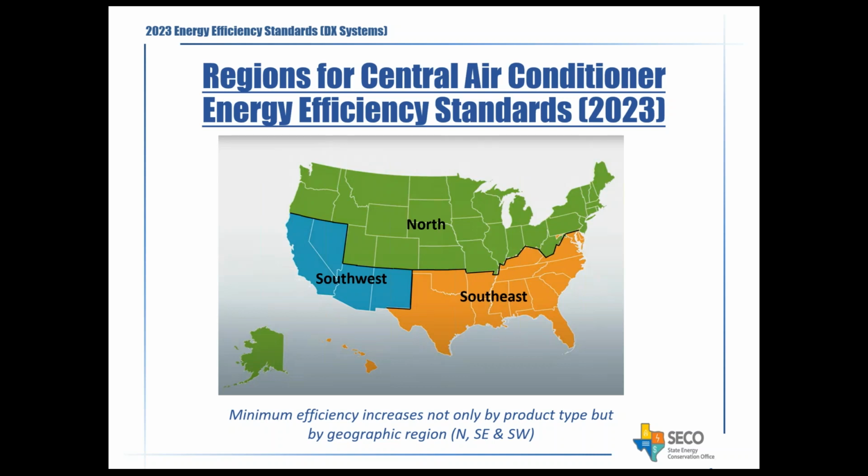And what DOE has tried to do is to come up with more realistic efficiencies based on the region you are in. So the requirement for efficiency are slightly lower in the north, and they are higher in the southeast and southwest. Also want to let you all know that this is something that has been in the works since 2018.